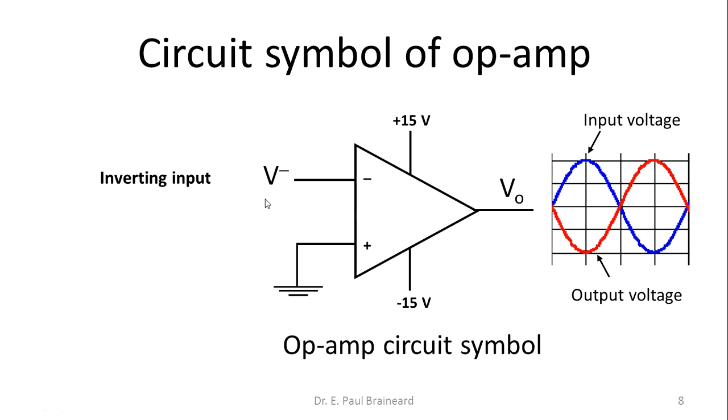If you apply a negative voltage at the input, output voltage is positive. If we apply a sinusoidal voltage at the inverting input, there will be a phase shift of 180 degrees at the output waveform. That is the meaning of inverting terminal. There is no such phase shift in case of a non-inverting terminal.